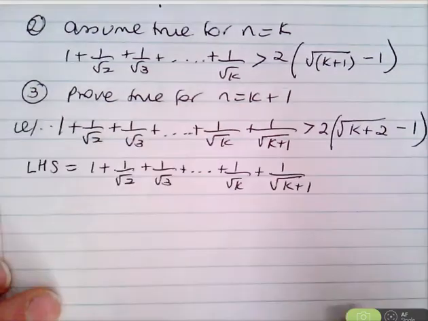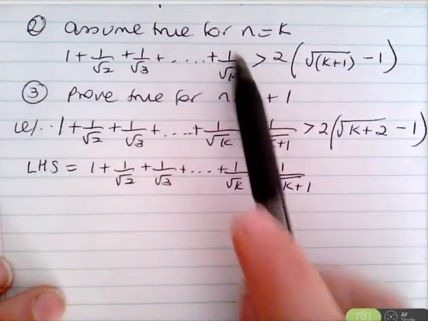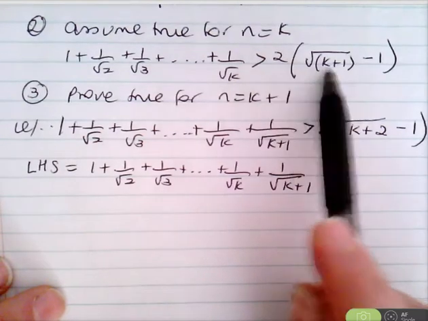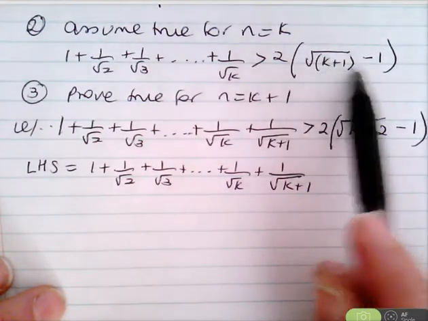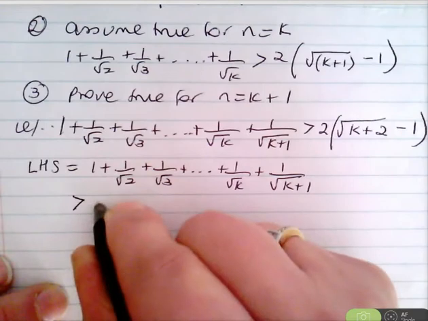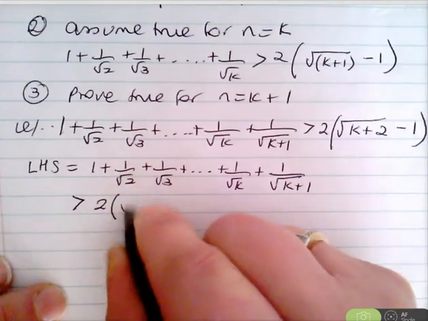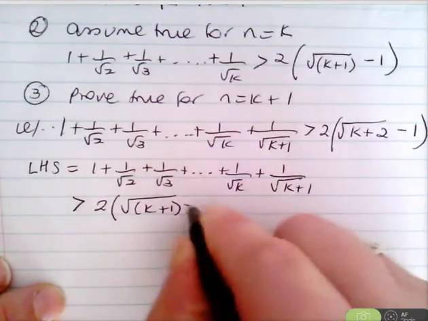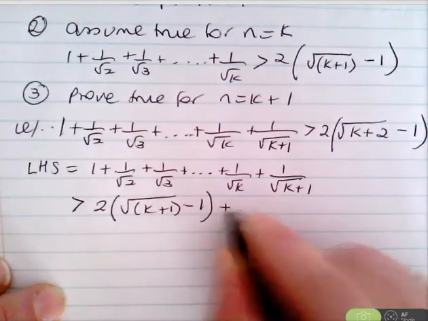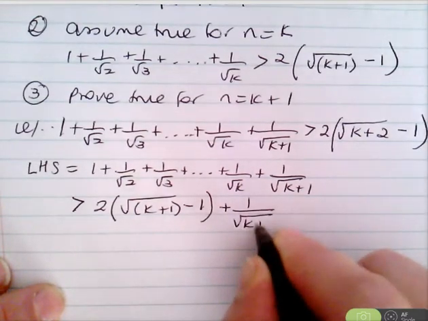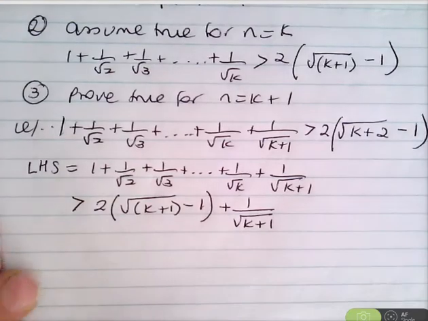We know that 1 plus 1 over root 2 all the way up to 1 over root k is greater than 2 brackets square root of k plus 1 minus 1. So therefore this is greater than 2 brackets square root of k plus 1 minus 1, then we've got this term plus 1 over the square root of k plus 1.